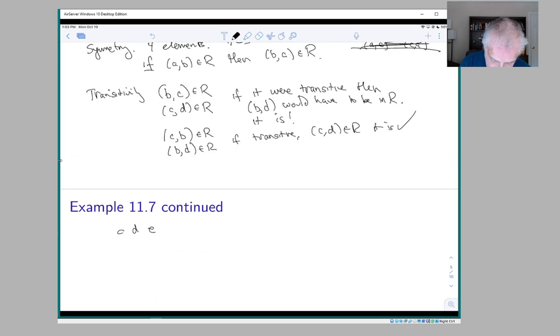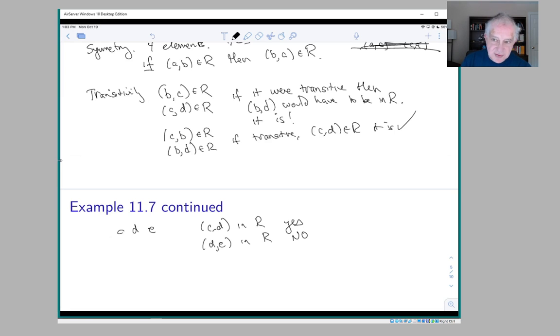Well, first of all, we would ask, is CD in R? And the answer is yes. And then, is DE in R? And the answer is no. And then we don't have to go any farther, because if CD is in R and DE is in R, then something has to happen. But if DE is not in R, there's nothing to check.